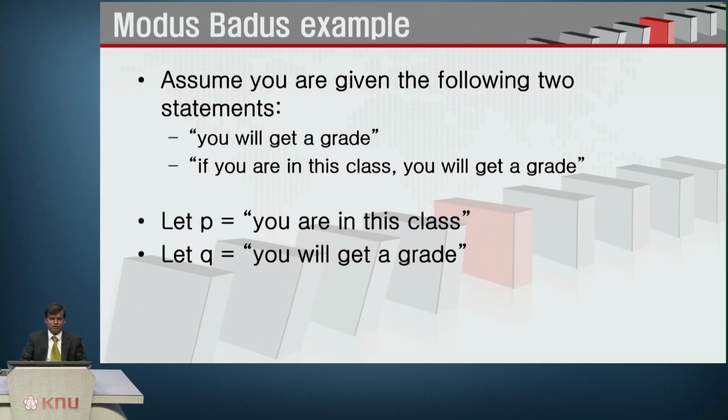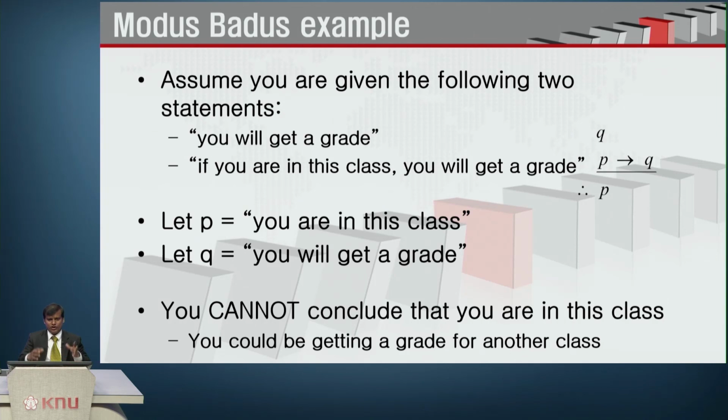Let P be you are in the class, Q be you will get a grade. Given Q, which means that you will get a grade, and P implies Q, therefore P. You cannot conclude that you are in this class, because you could be getting a grade for other classes.